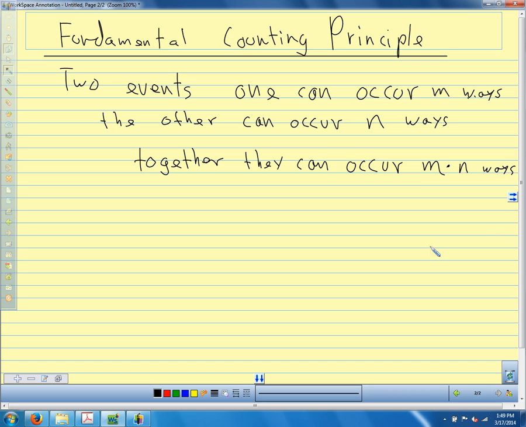So when we have things that can happen in different ways, to find how many ways they can happen together, we multiply. And this is true for any finite number of events.